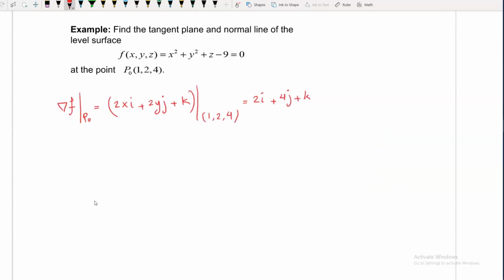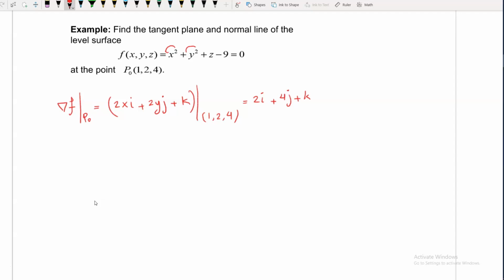The tangent plane is the plane through p naught perpendicular to the gradient of f at p naught. So here we have the gradient equal to 2x times i plus 2y times j plus 1 times k, at this point 1, 2, 4.